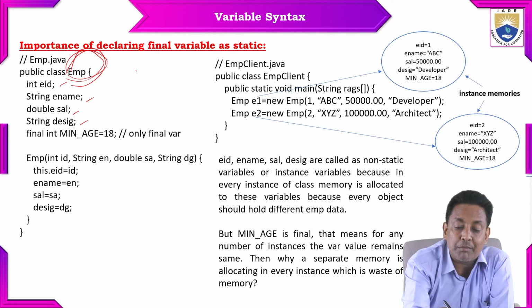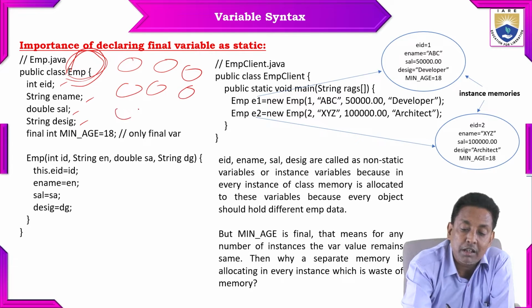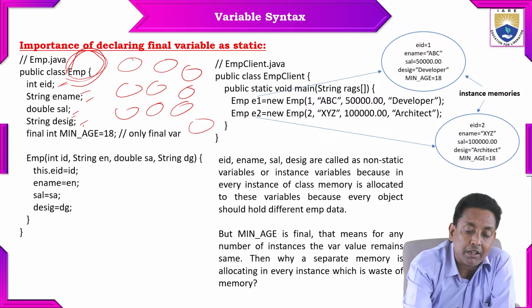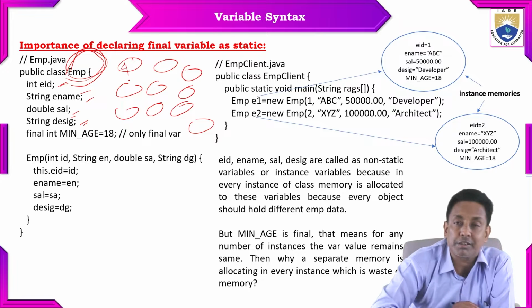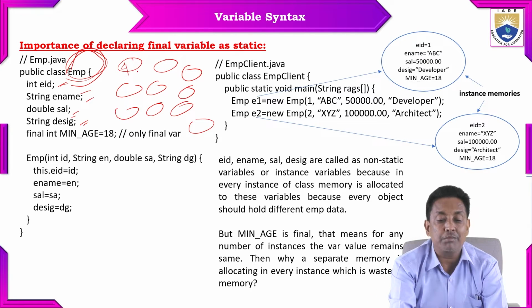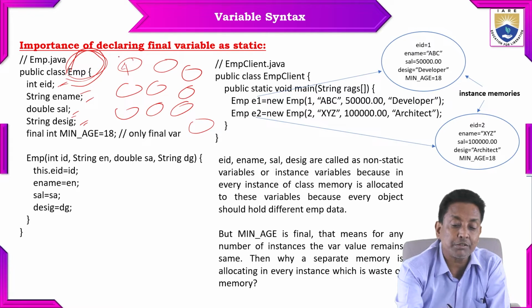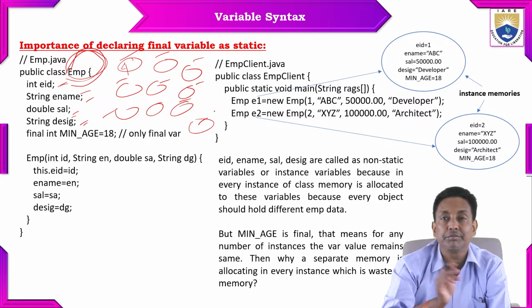In all 10 employee objects, memory must be allocated to employee ID, employee name, salary, and designation. Four variables. Because in every object, we'll store one employee's data. In this object, we'll store employee number 1's data, then 2, 3, 4, 5, 6, 7, 8, 9, 10.